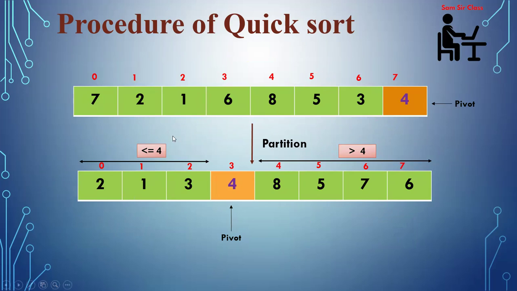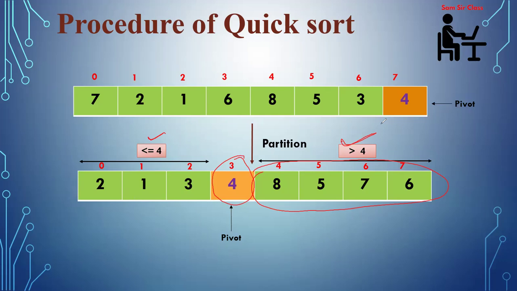Okay. And if you want to check whether the swapping is correct or not, in this particular example, on the basis of the position of the pivot element, all elements on the left hand side will definitely be less than or equal to the pivot element, and all the elements on the right hand side of the pivot element will definitely be greater than the pivot element.